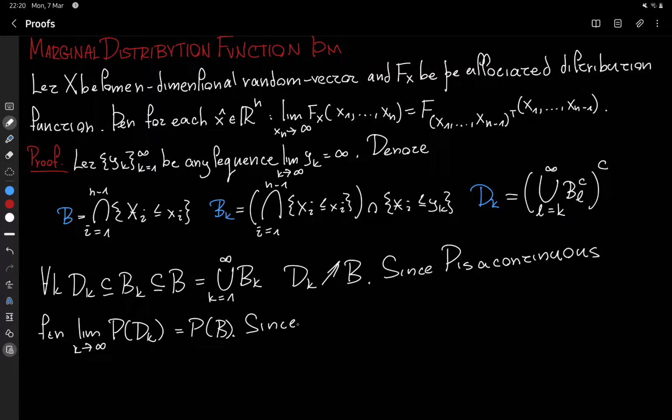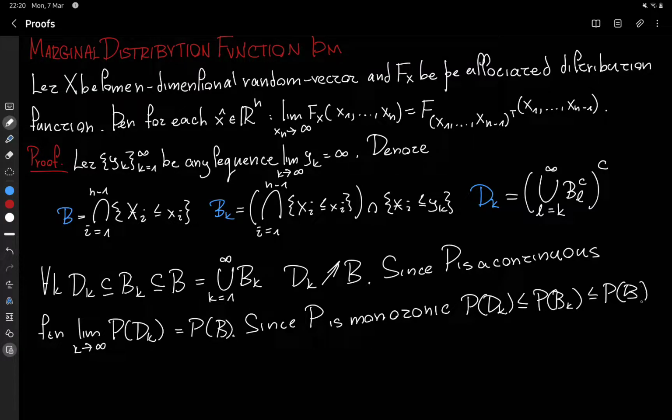Also, since P is monotonic as a probability, it holds that P(D_k) is smaller than P(B_k) is smaller than P(B). It follows from the monotonicity of P and this series of subset relations.